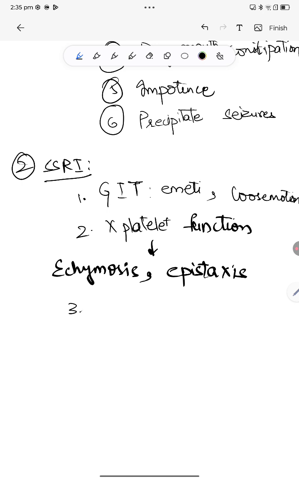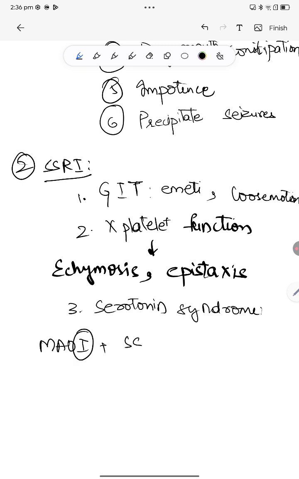One most important side effect of SSRIs is serotonin syndrome. Serotonin syndrome is usually seen with certain drug combinations. The first combination is MAO inhibitors plus SSRIs. The second combination is tramadol with SSRIs.